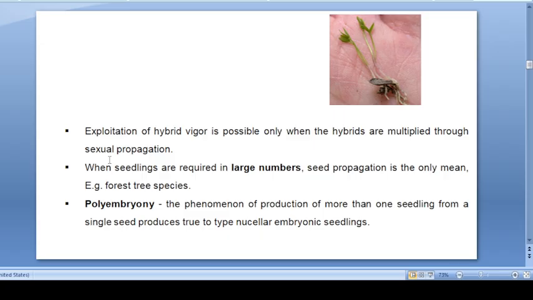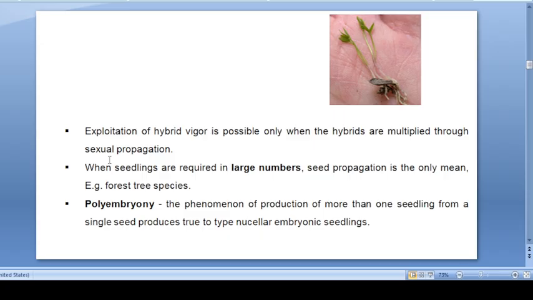And one very important contribution of seed propagation to horticulture is polyembryony, that too in fruit crops. Some fruit crops like jamun, jackfruit, even mango, we can explore polyembryonic rootstocks or polyembryony.